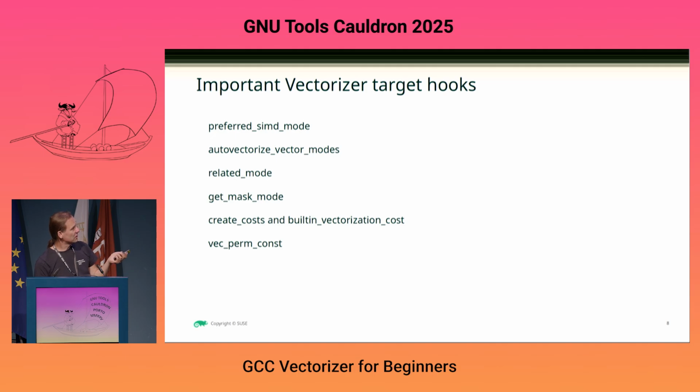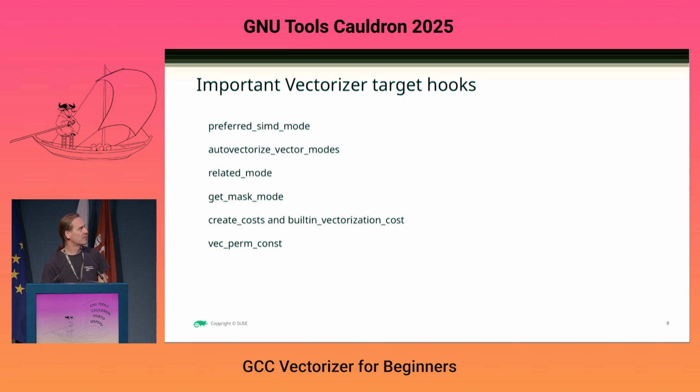And there's a hook to drive the vectorizer costing. There's also a default for that, a default implementation. So that's not something I would tackle when enabling the target first. It's also some of the more complicated and intricate areas of the vectorizer that's hopefully going to improve sooner or later.